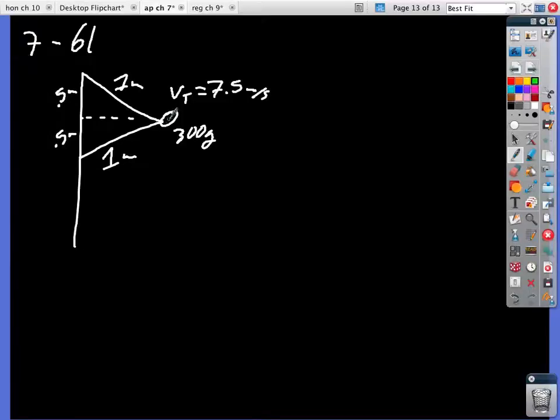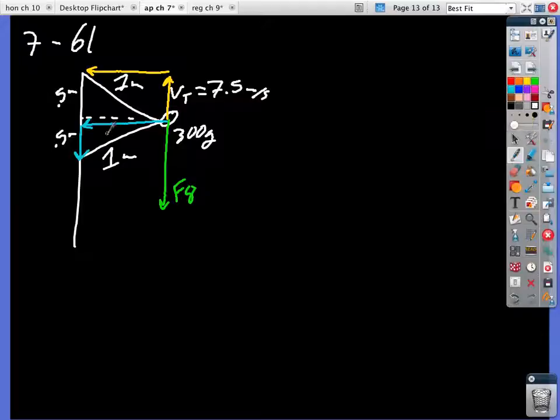All right, so we've got gravity, Fg, like this, and then we break the two wires up. One wire goes like this, and one wire goes like this.